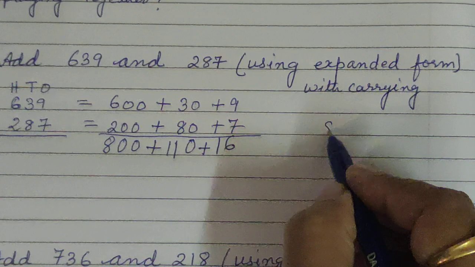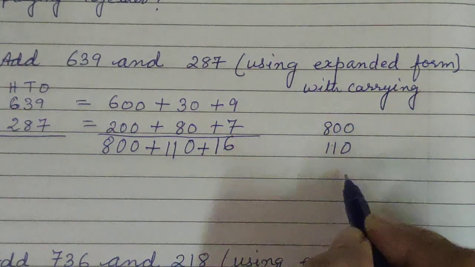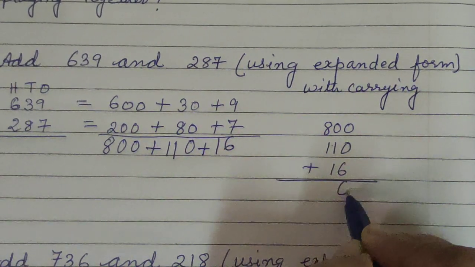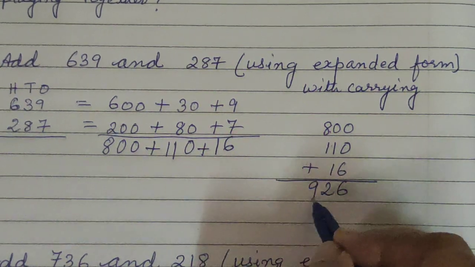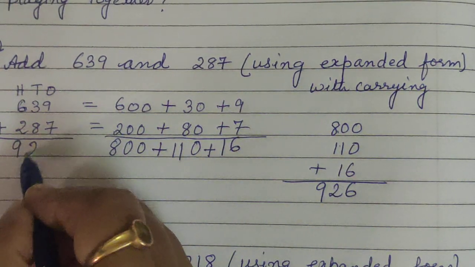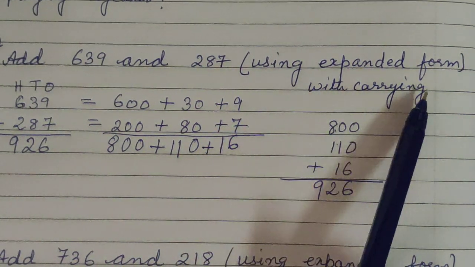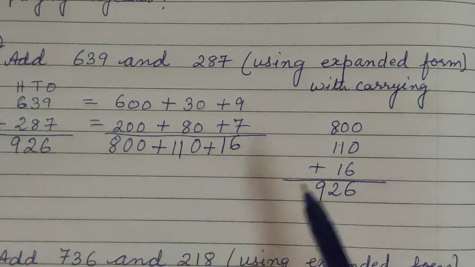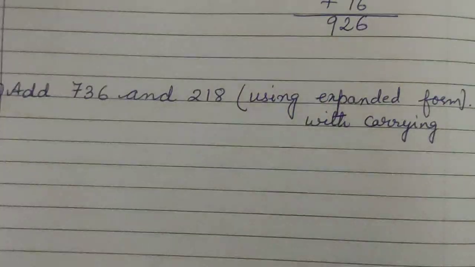If you want 800, 110 plus 16. So you will get 926. Got it? How to do the addition with the help of expanded form. Correct? We have done. So let us go for the next one.